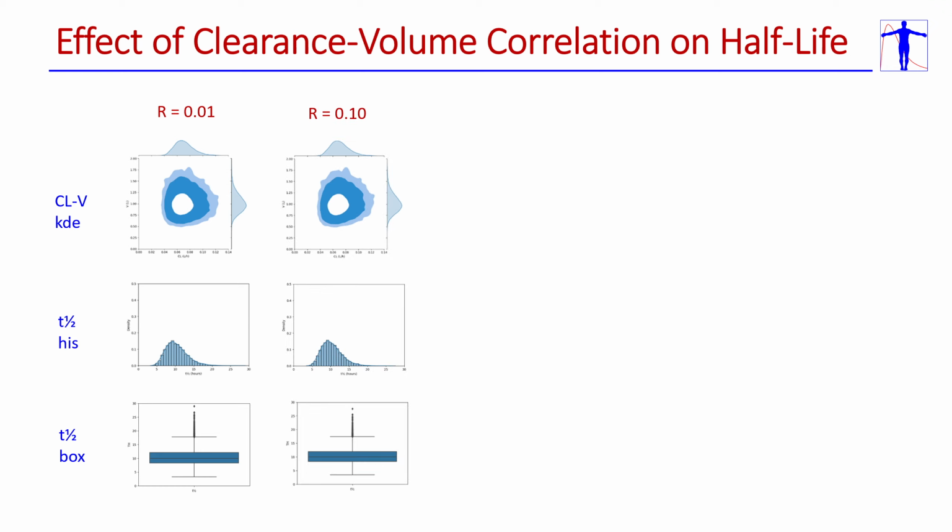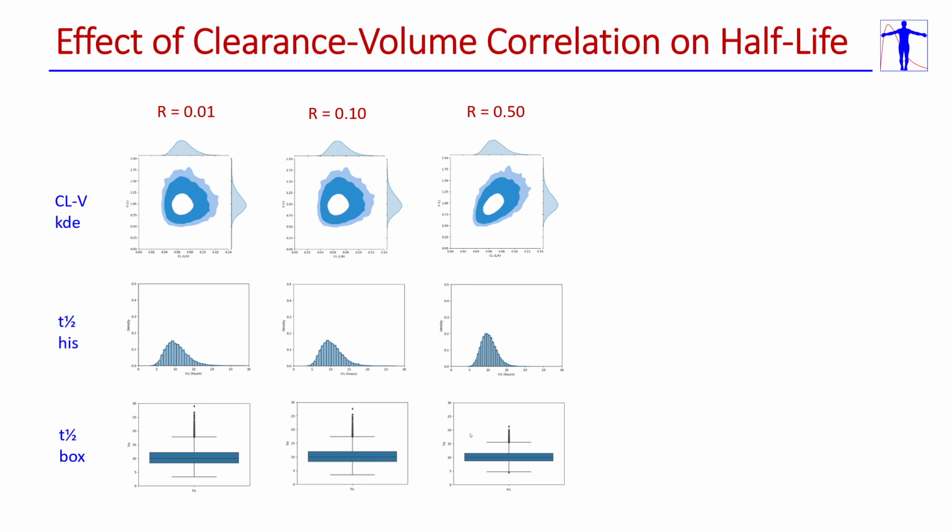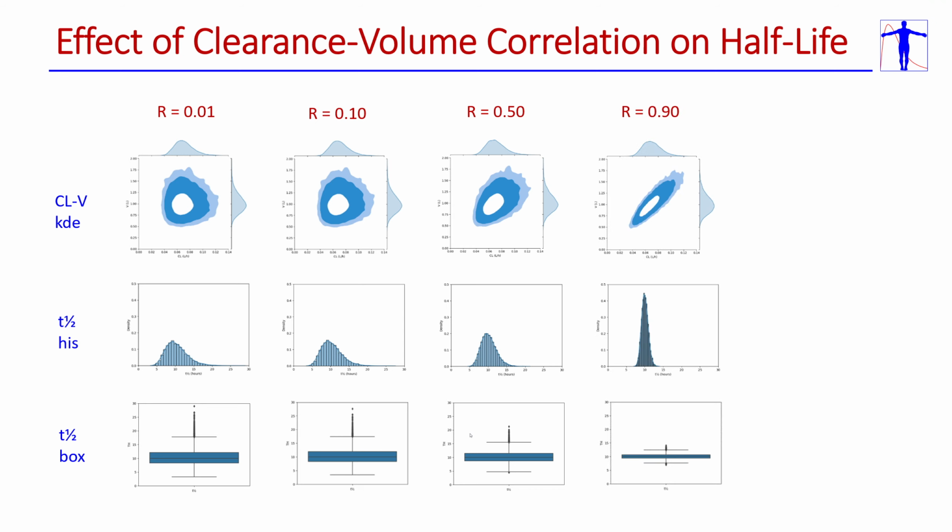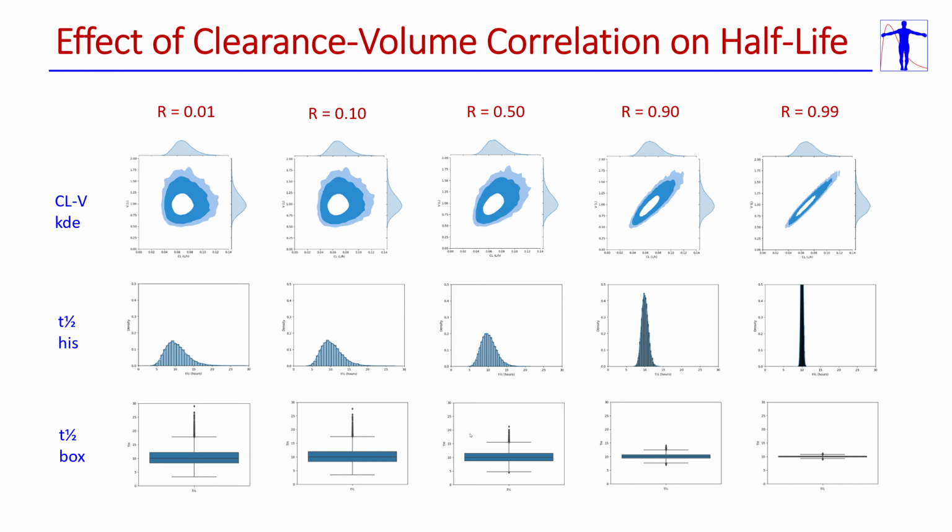The Monte Carlo simulation was repeated for a correlation of 0.10, 0.5, 0.9, and finally 0.99. Note how the joint probability distribution shape changes from a circle to an oval.